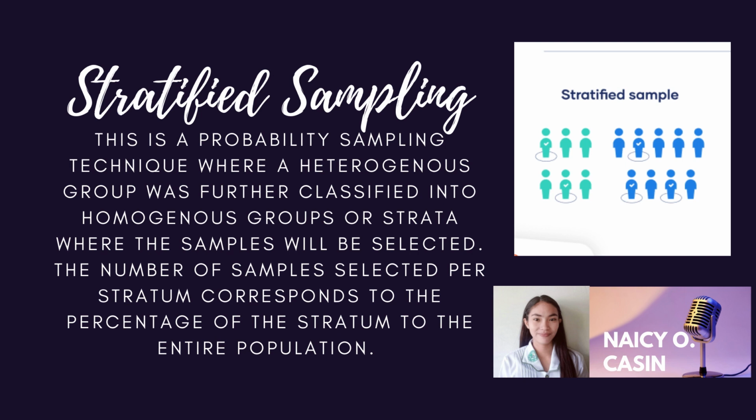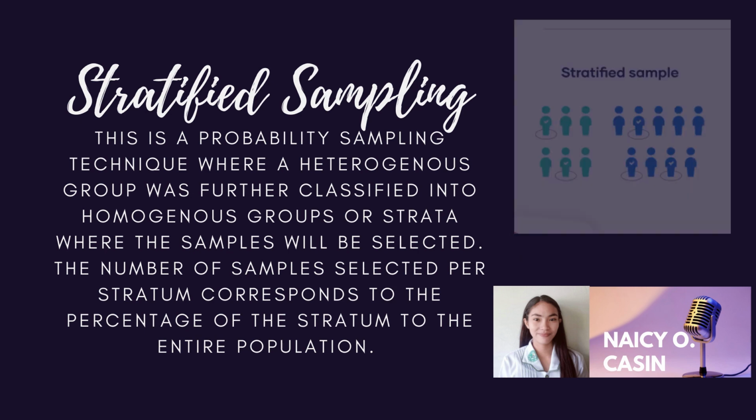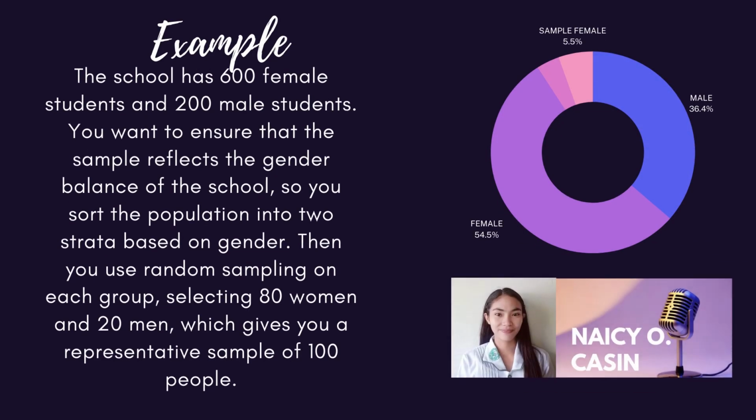When we talk about stratified random sampling, it involves the division of the population into different strata or subgroups. Isa sa maganda about dito is it allows us to organize our group based on similar characteristics and similar attributes. Example, the school has 600 female students and 200 male students.